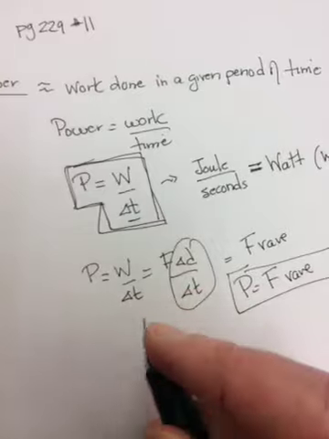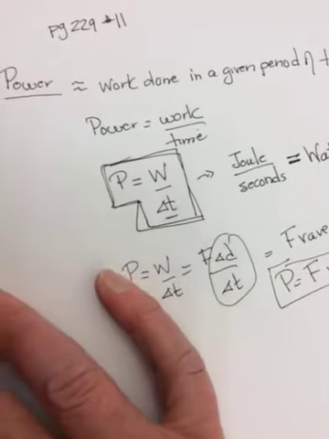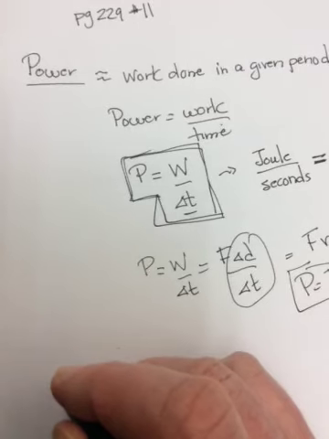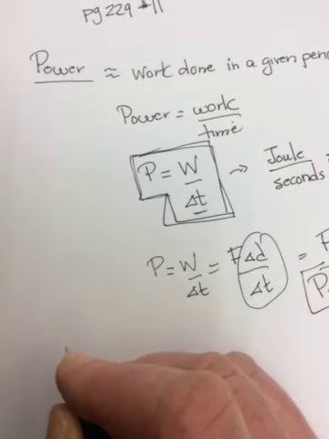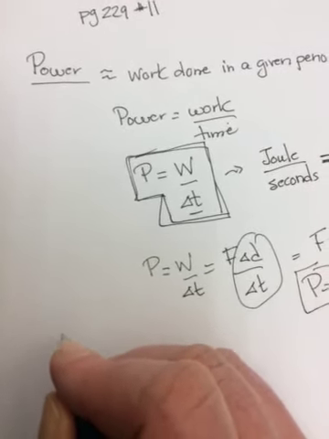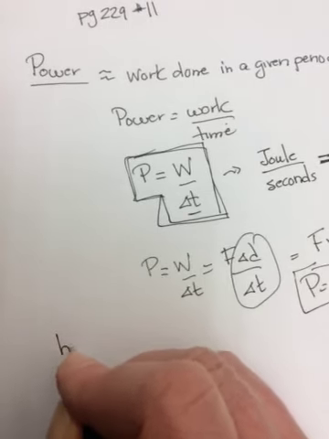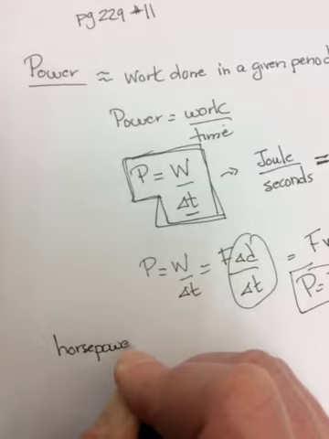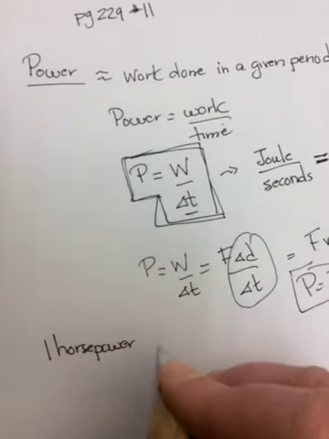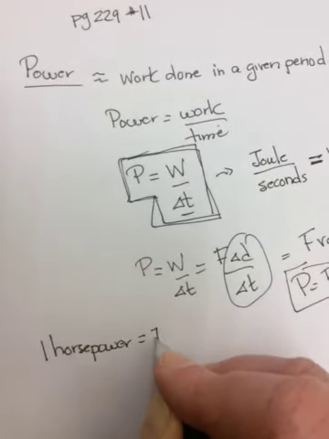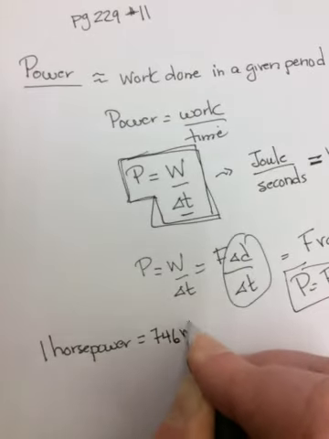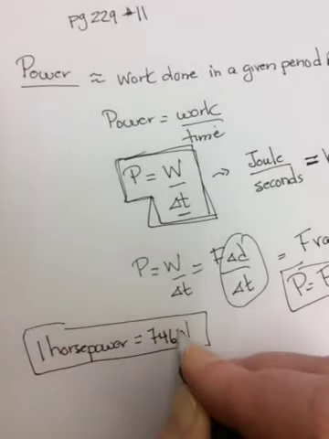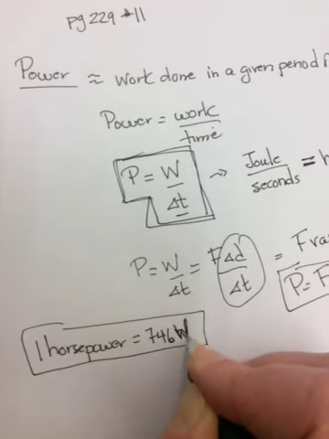Oh, one other thing, the old unit of power in the imperial system, in the system that used pounds and miles and inches and all that stuff, the unit for power was a horsepower, defined by the power of the king's horse. And 1 horsepower is equal to 746 watts. And I'm telling you this because in one of your homework questions tonight, it asks you to convert it into horsepower.